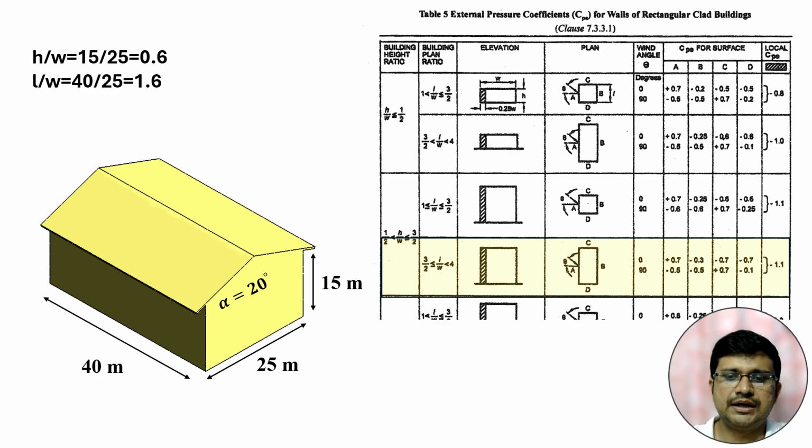Now for our particular building, this is the same building which we used in our previous day problem. The length of the building is 40 meter, the width is 25 meter, and the eave height is 15 meter.